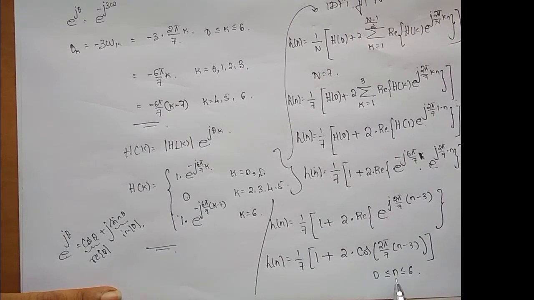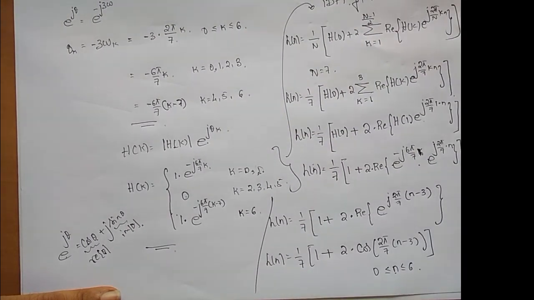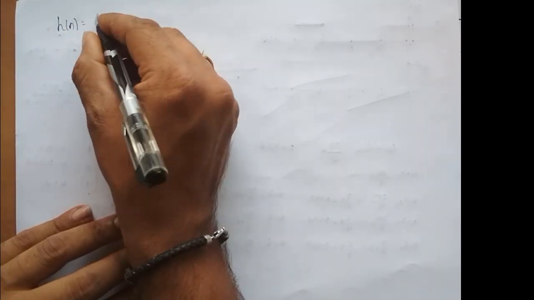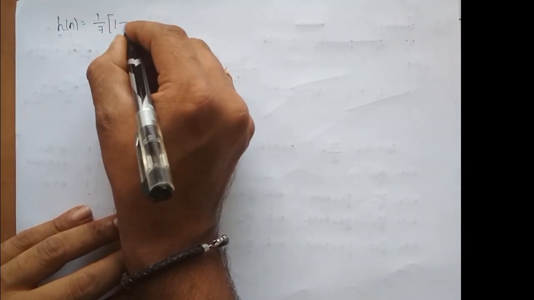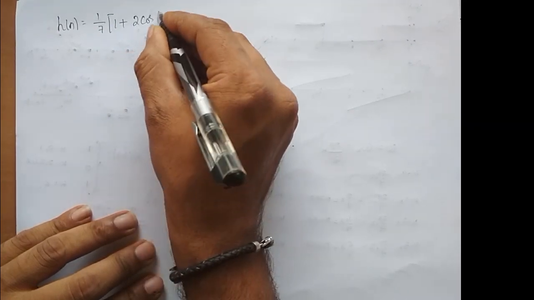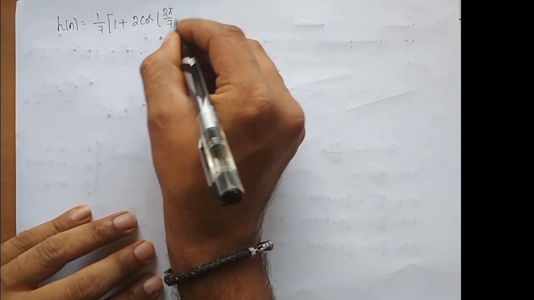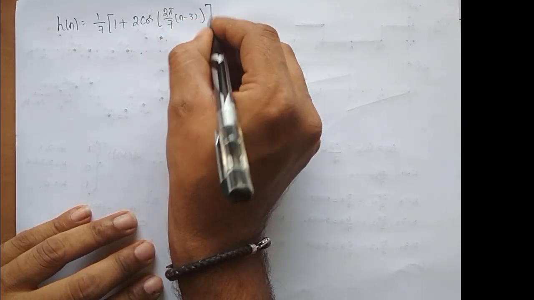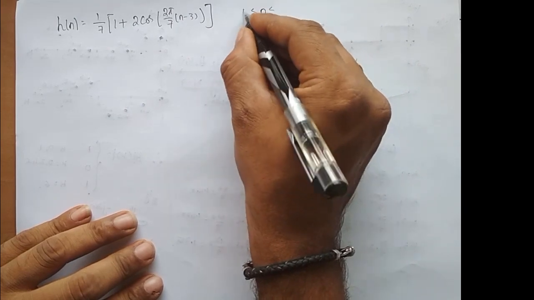Okay, now I need to substitute for n and get those 7 samples. So we shall do that here. What do we have? H of n is equal to 1 by 7 into 1 plus 2 times cos of 2 pi by 7 into n minus 3, for n varying from 0 to 6.